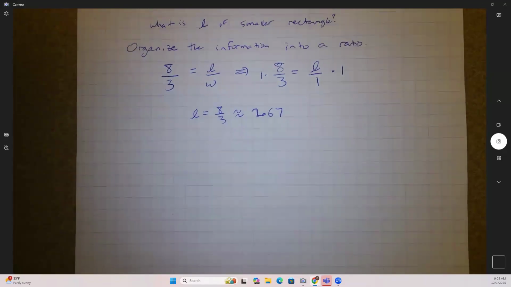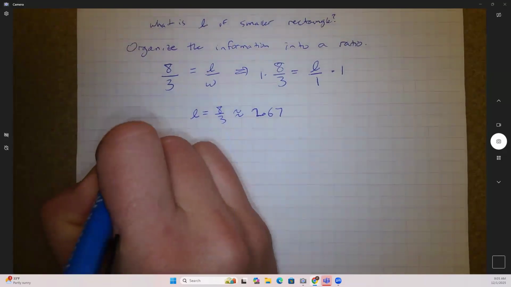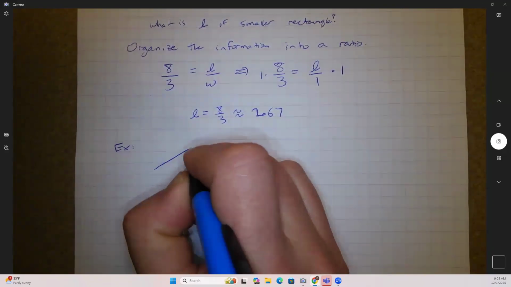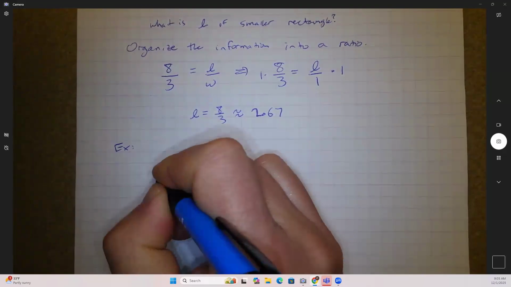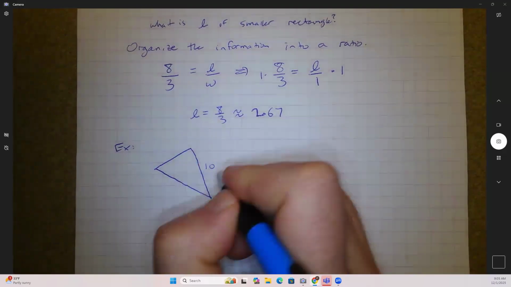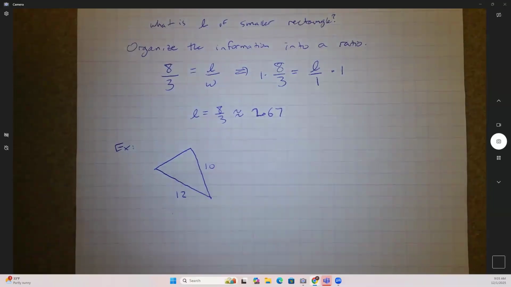Let's do another example where we use triangles. Here's a triangle where that side is 10, that side is 12.